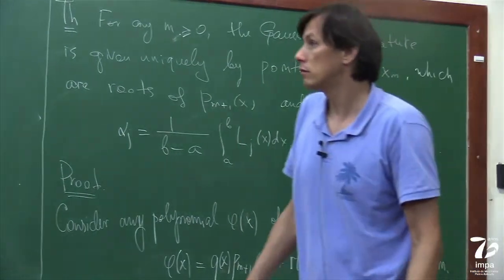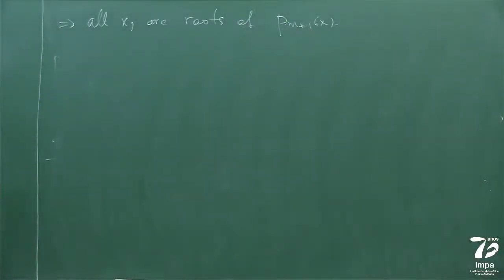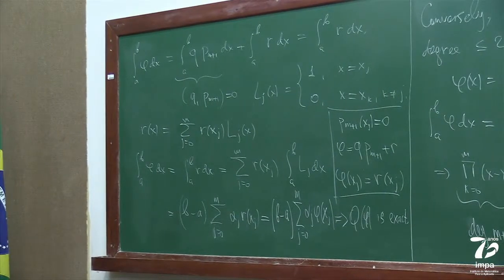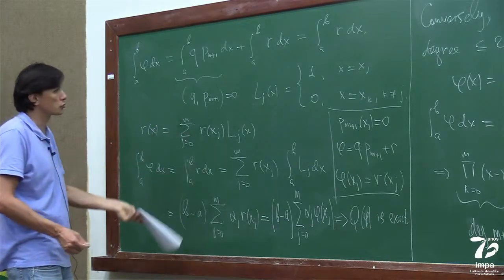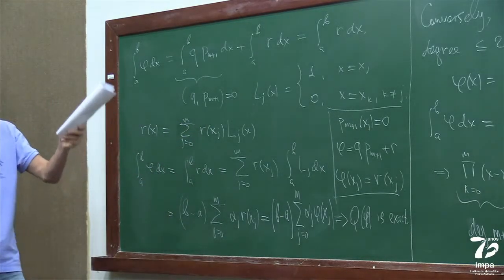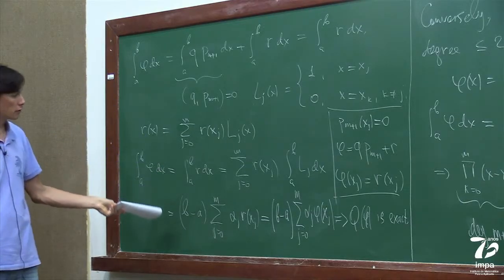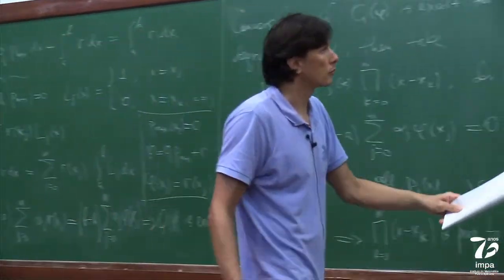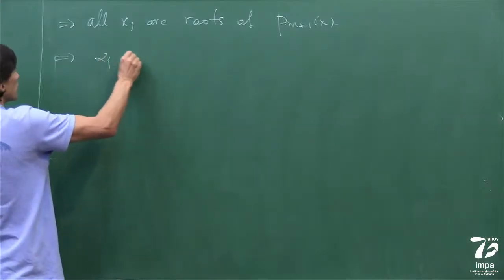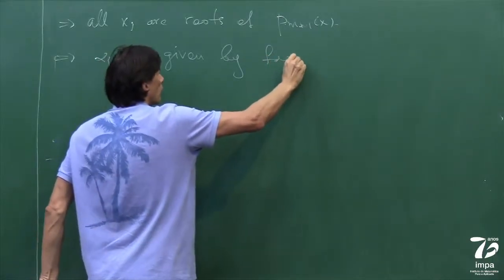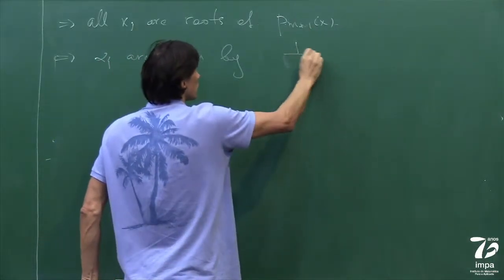And then, if these are nodal points, the proof which was done before showed that whenever nodal points are roots, the coefficients alphas should be those given in the formula, by this 1 over b minus a.